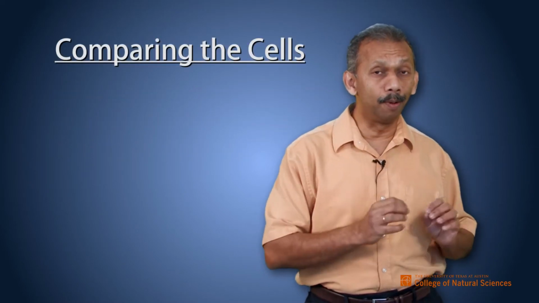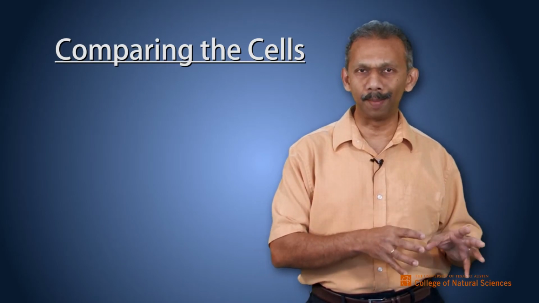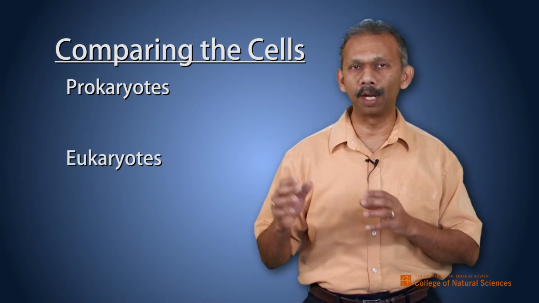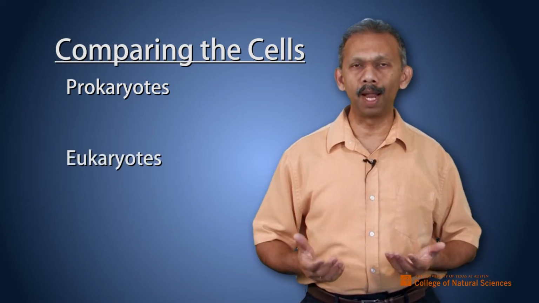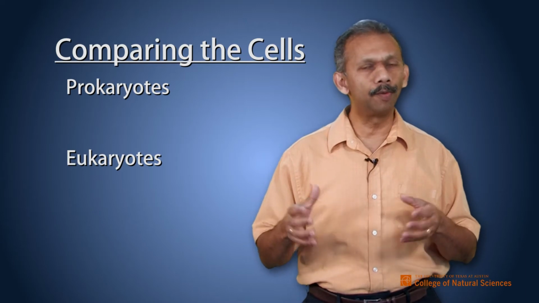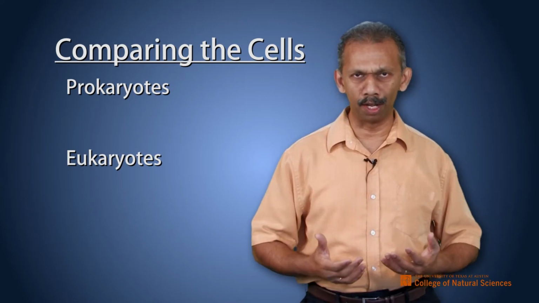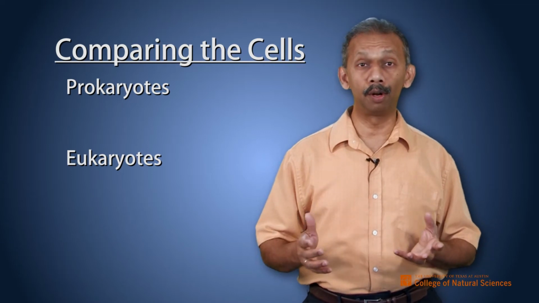Then we are moving on to comparing simple organisms such as bacteria or prokaryotes without any nucleus with eukaryotes with a nucleus that are either unicellular or multicellular. But in this chapter, we are going to focus on just the cellular level. We are not going into the organism level, the multicellular organism.